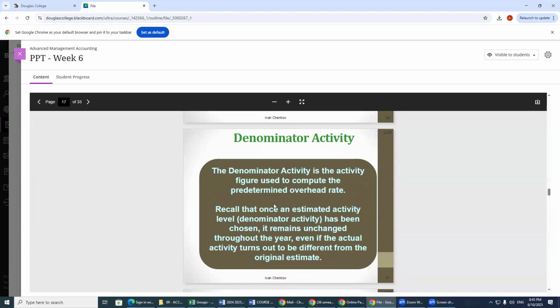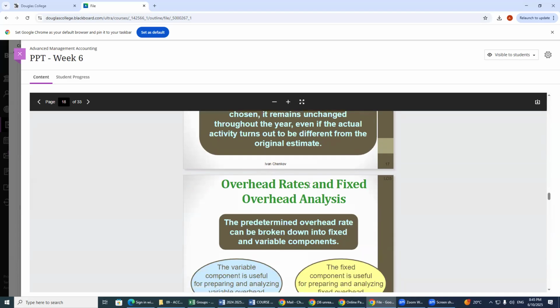So the denominator activity is the activity figured to compute the predetermined overhead. Once you estimate the activity level, the denominator level of activity, that predetermined overhead rate is not going to change for the entire year.